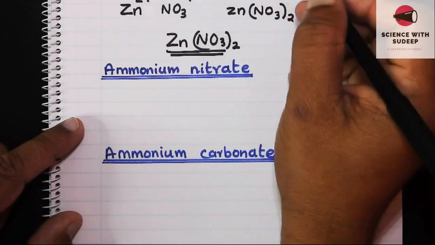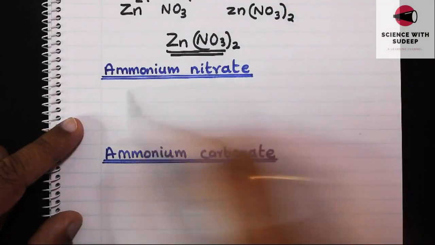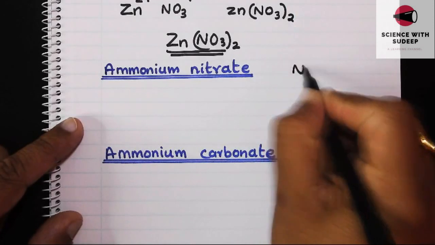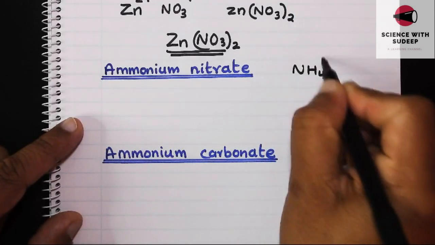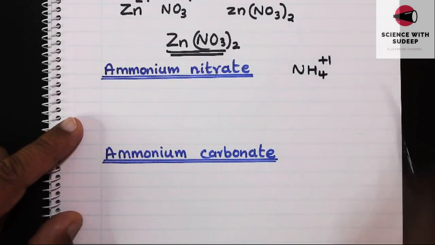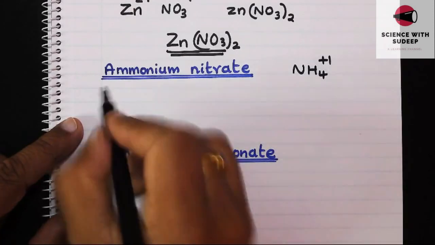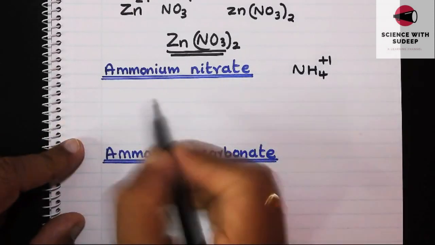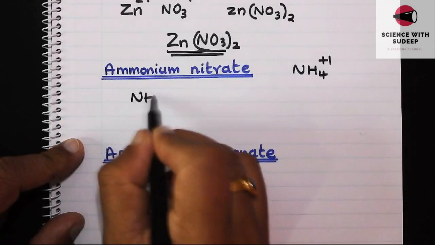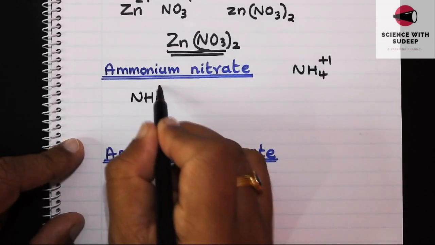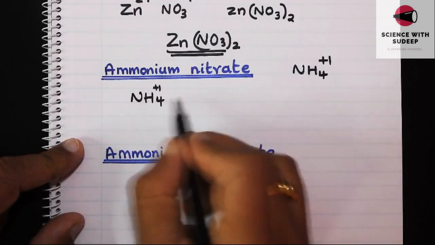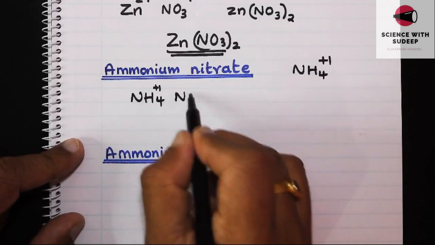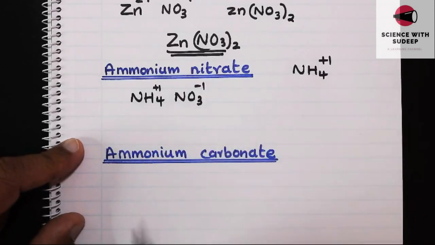Another one is ammonium nitrate, an important compound. Here all the examples we had were negative ions. Ammonium is a positive ion. It's NH4 plus, positive 1. Ammonium is a compound ion. So ammonium is NH4 1 plus, then nitrate is NO3 negative 1.